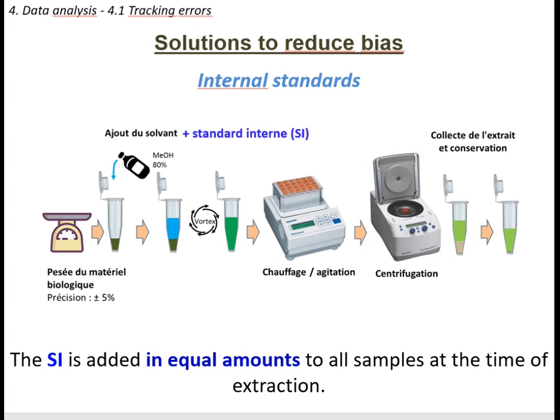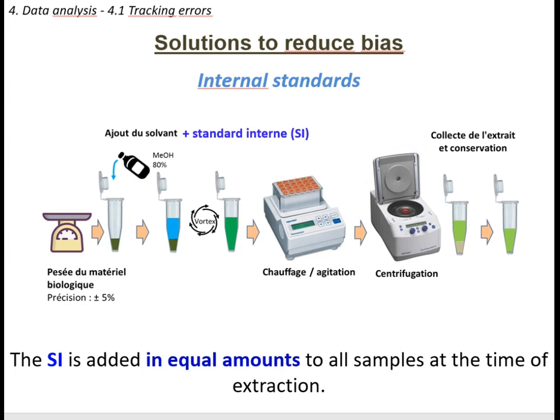Ideally, you will introduce it as soon as possible upstream in the extraction or preparation of the sample process. So usually we introduce it with the extraction solvent. So the solvent contains a certain concentration of internal standard, and since you put the same volume of solvent in every sample, you will have the same amount of internal standard.